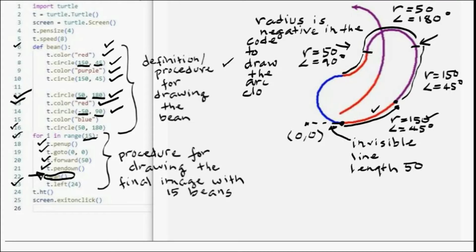Remember, we always draw the circle counterclockwise. That's the default in Python Turtle.